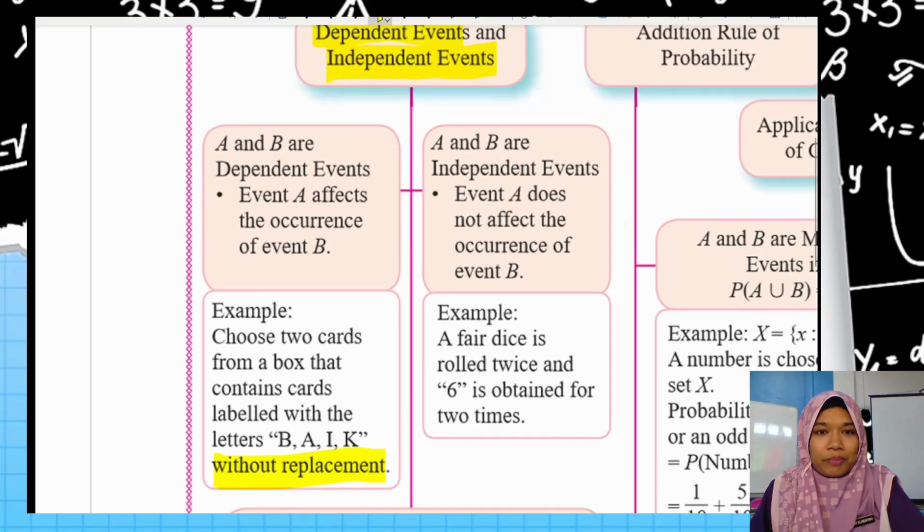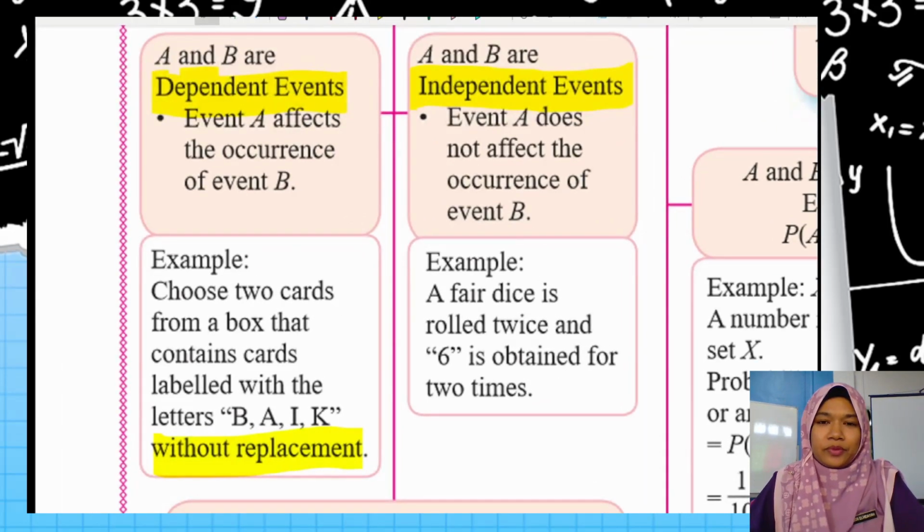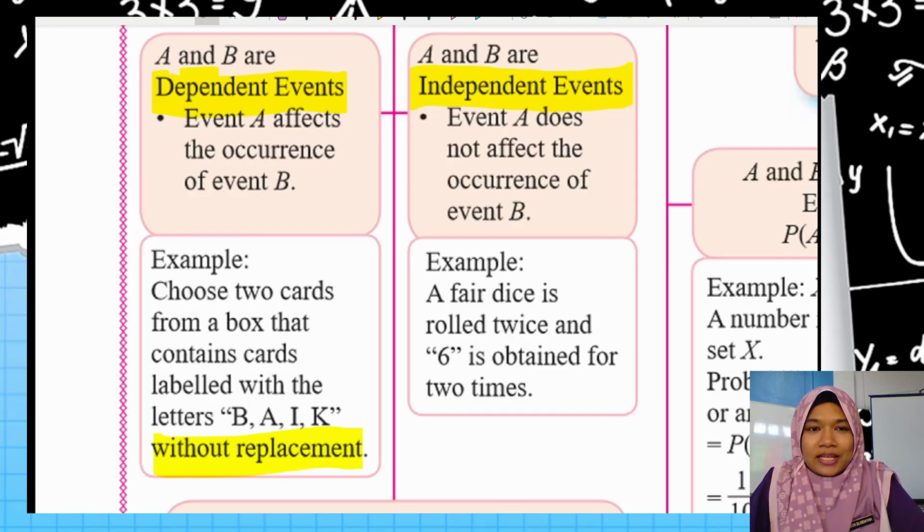For independent events, the first event does not affect the occurrence of the second event. For example, here you have a fair dice. What is a fair dice? Dadu yang biasa awak guna tu lah. A fair dice is rolled twice and 6 is obtained both times.